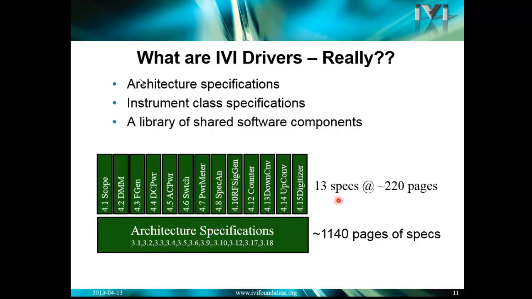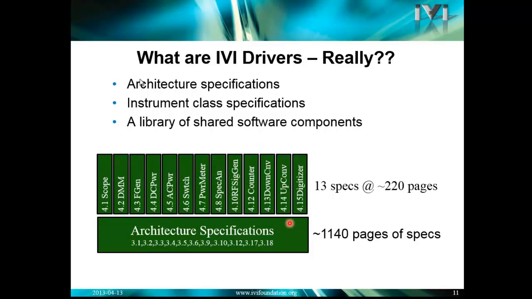So there are about 13 different specifications. Each one of those specifications is a couple hundred pages, and it's really, this is the standard set of calls that a digitizer uses, this is the standard set of calls that a counter will use, or a spectrum analyzer, and so forth and so on. And these are specifications that an individual instrument driver could comply with based on the type of instruments controlling.